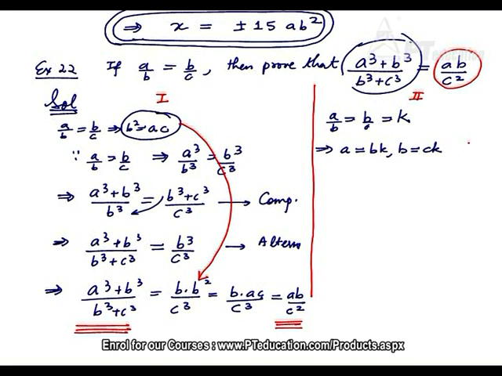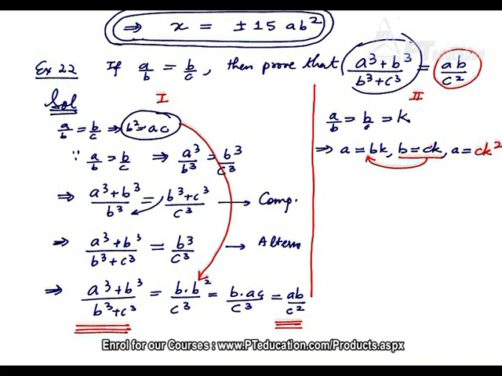So a will be, substituting the value of b here, ck into k, which will be ck square. And so you get a is equal to bk, which is ck square, and b is equal to ck.